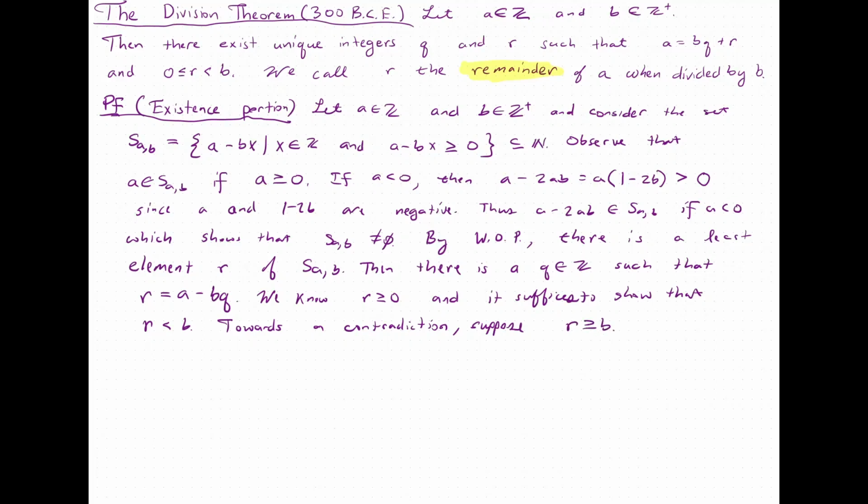Well, if that's the case, what if we subtract b from both sides of this equation? Then we now have r minus b is equal to a minus b times q minus b. I'm going to write this all together: a minus b times q, minus b, but now that becomes a minus b times (q plus 1).